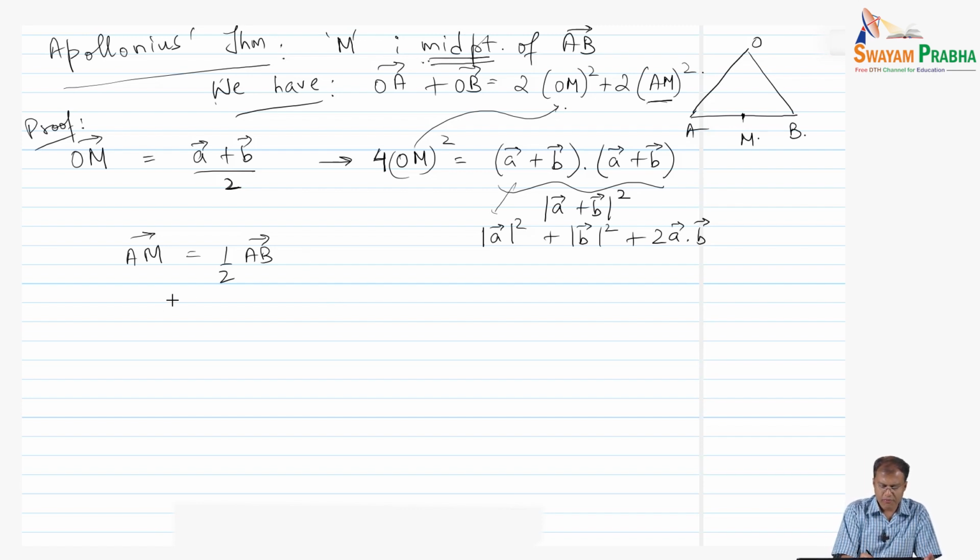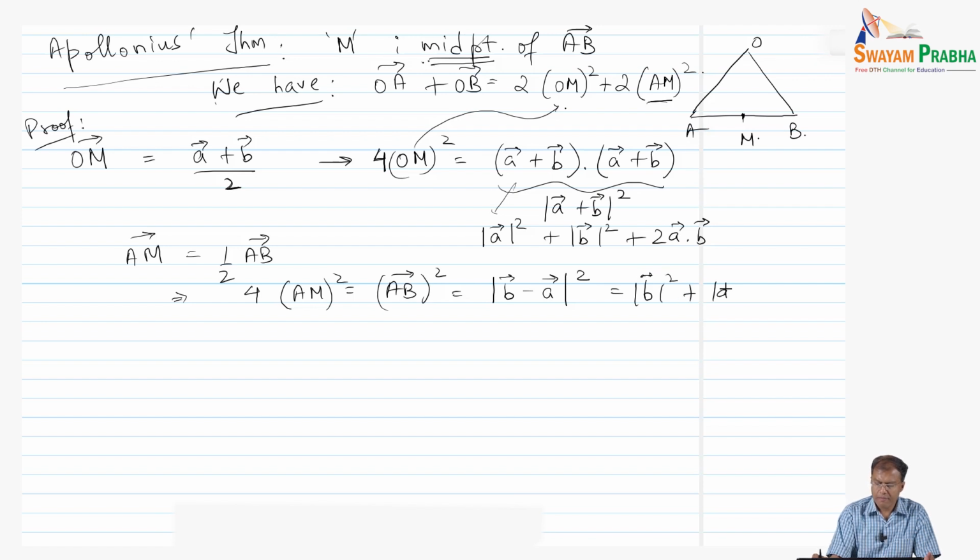So from here we can find that 4 times AM square is AB square, which is nothing but the magnitude of B minus A, that is, OB minus OA whole square. And from here we have B square plus A square minus 2 A dot B.